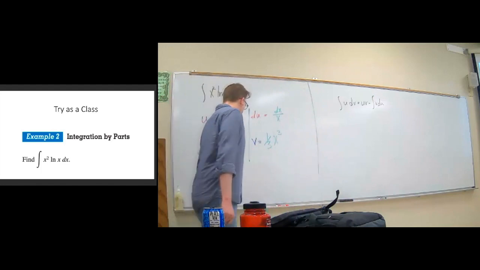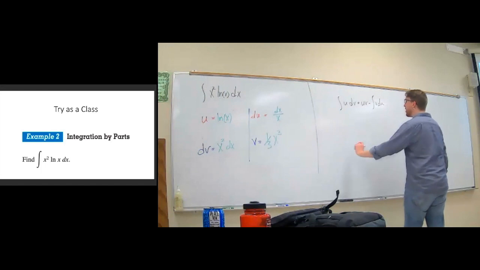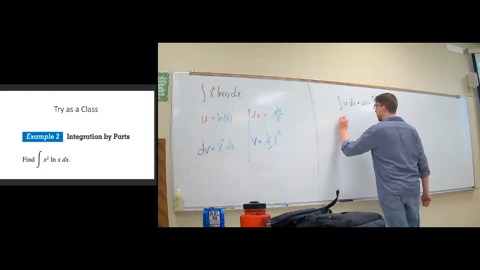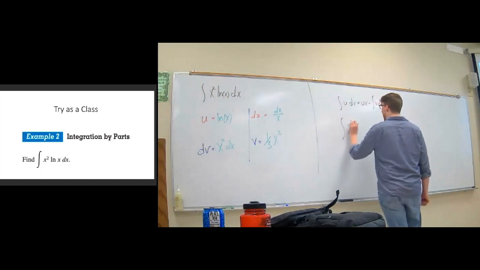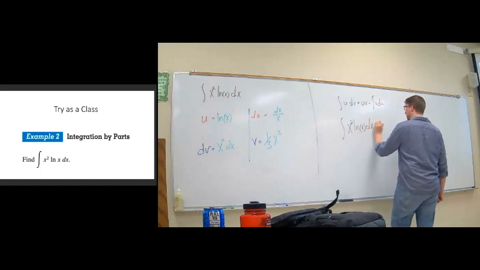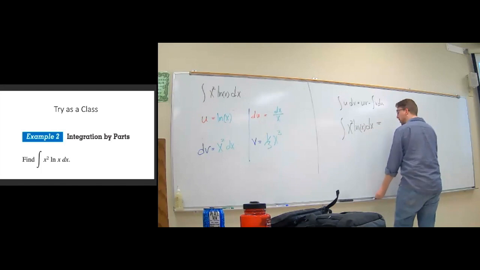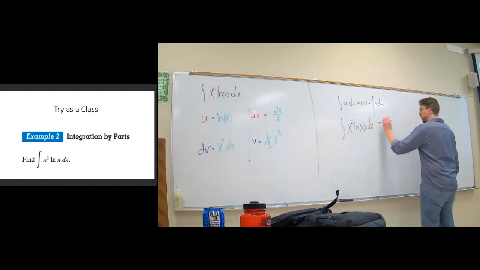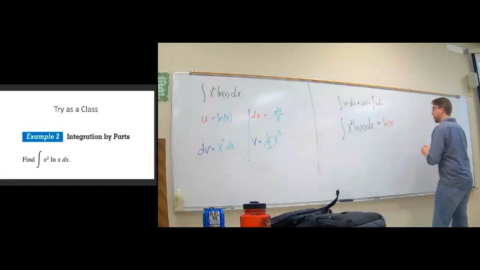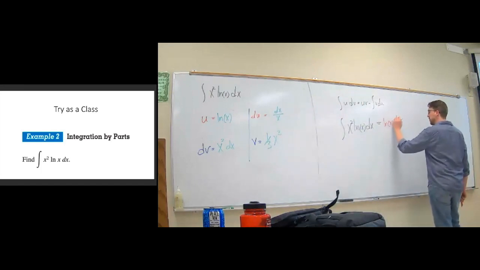Let's try and put all this together now. We've got the integral of x squared ln of x dx. This thing is equal to, well, setting u equal to the ln of x, setting v equal to 1/3 x to the third, you get x to the third over 3.